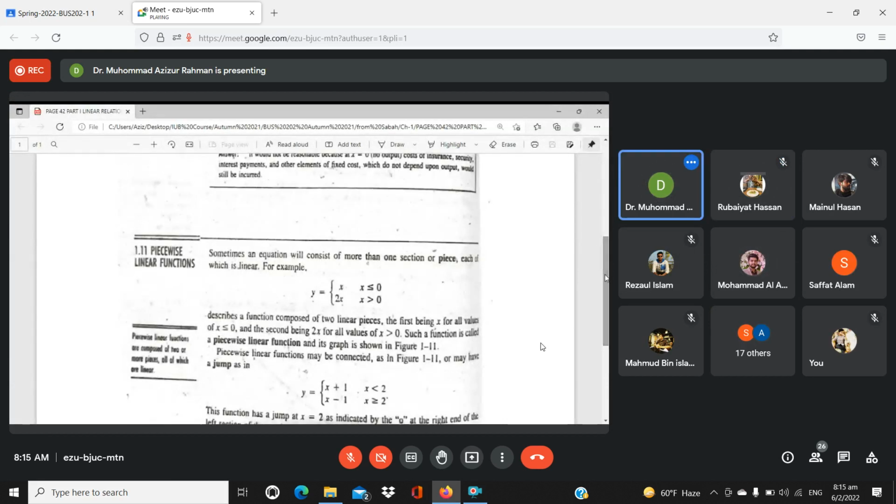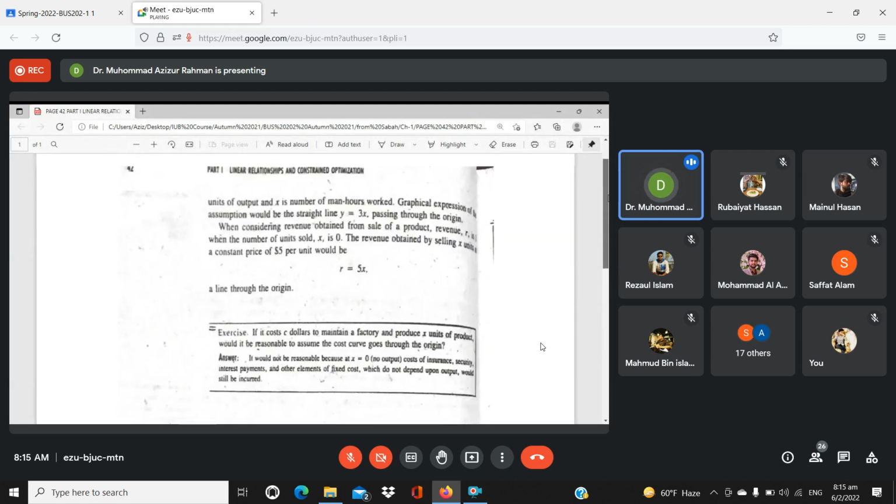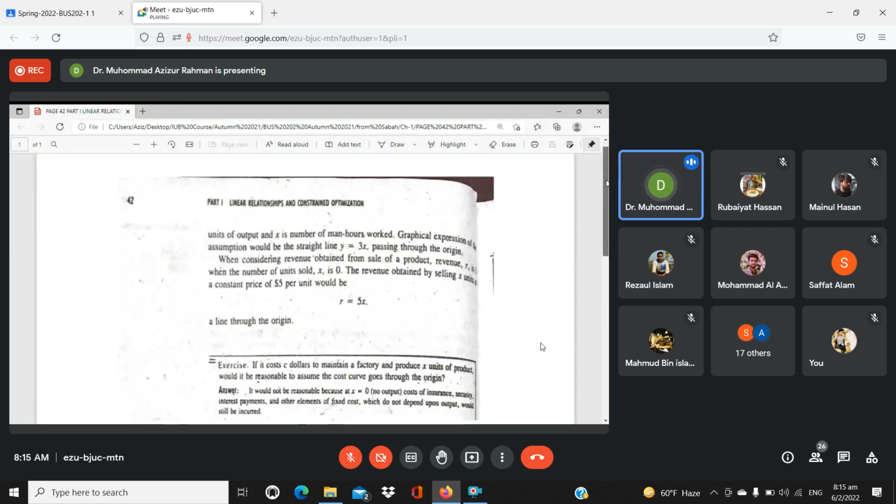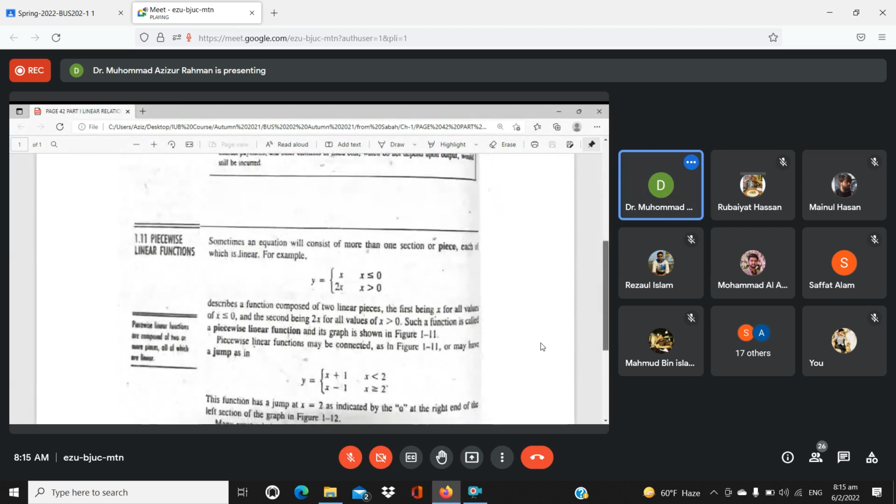The new topic is the piecewise linear function. It refers to page number 42 from the book. Piecewise linear functions.